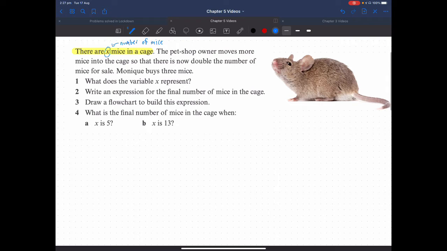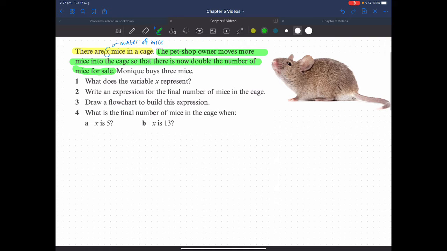The pet shop owner moves more mice into the cage, so there's now double the number of mice for sale.